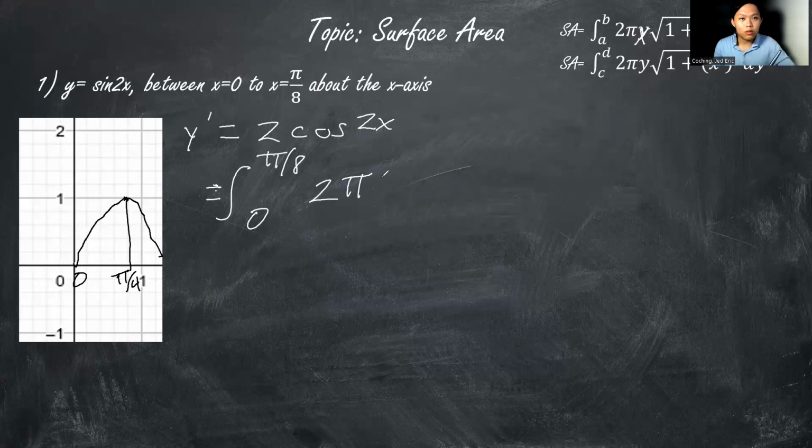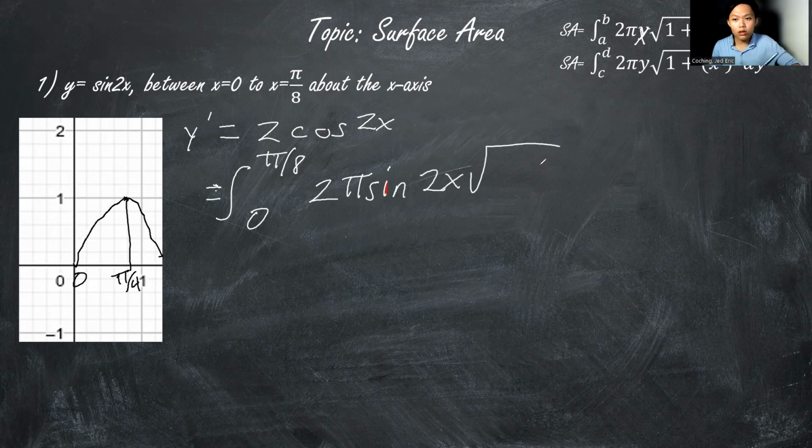It's going to become sine 2x times the square root of 1 plus, okay, so that's going to become 4 cos squared 2x over dx.